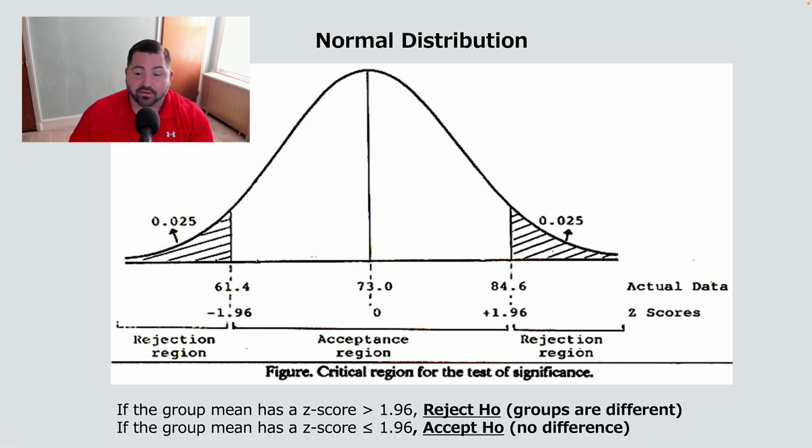So it's not very likely compared to where other scores fall in the distribution. Similarly, if the z-score is negative 1.96, that would mean it's 2 standard deviations below the mean and would fall once again into a shaded region here. So very unlikely, with a 2.5% chance of that happening.